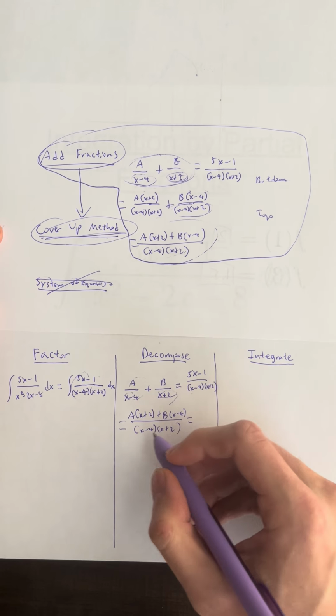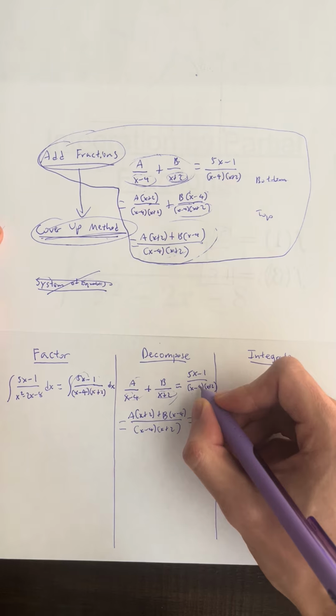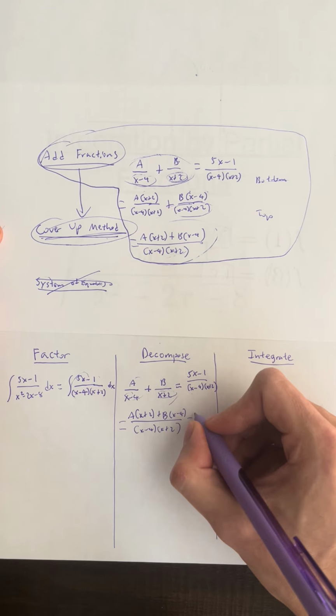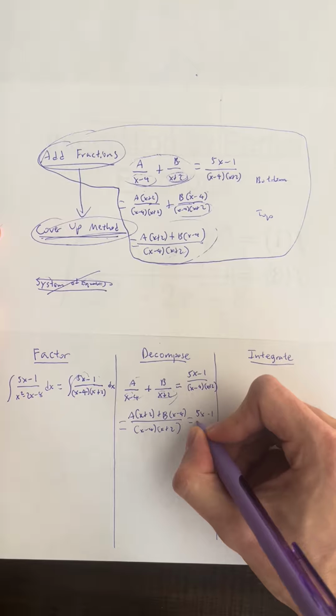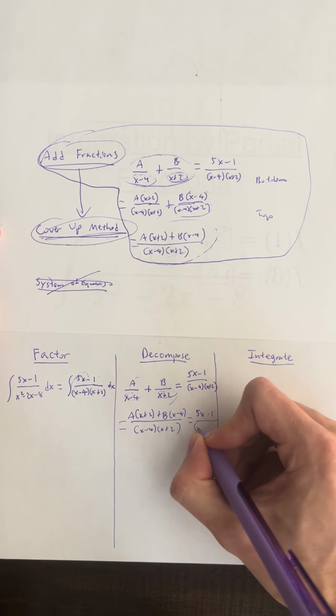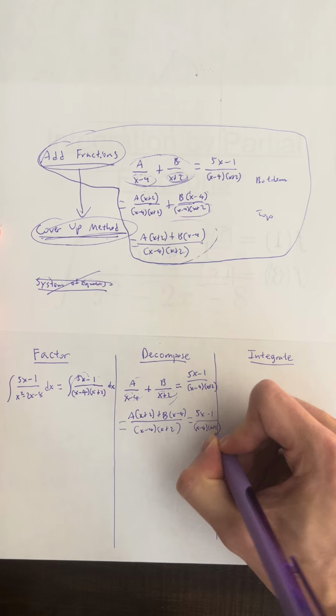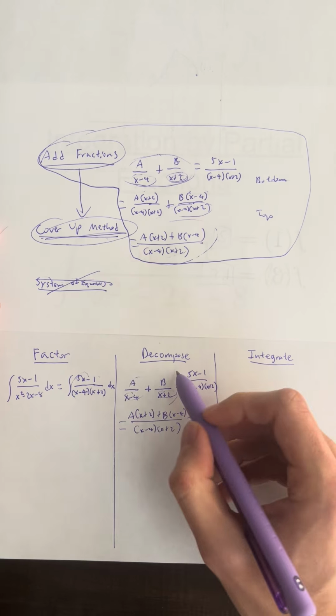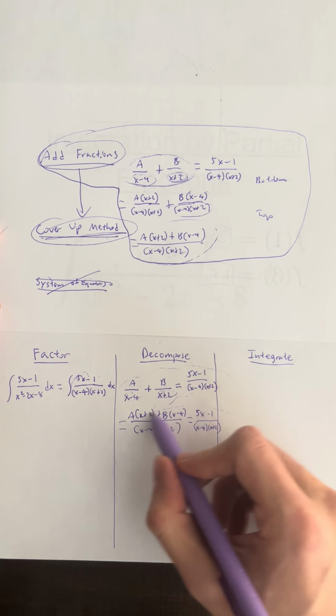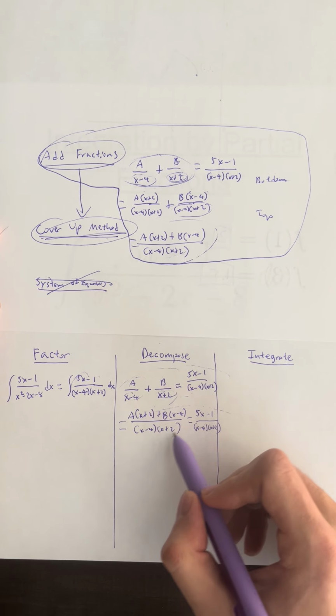Okay. So this is also equal to 5x minus 1 over x minus 4 times x plus 2. Yeah, so the only thing that changed from here to here is that we added the fractions.